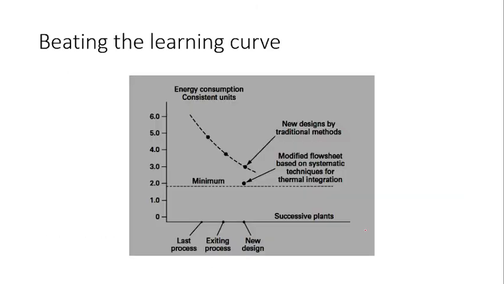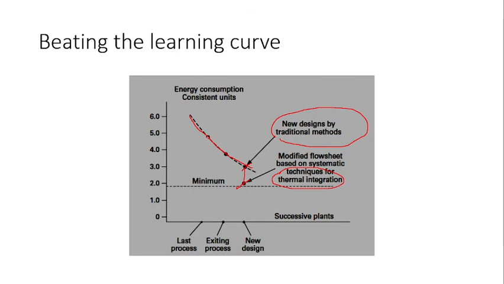So this is what I'm trying to say. This is your regular energy saving due to new design, right? But if you change the flow sheet itself by incorporating process integration, you have a further scope of increasing the energy saving or decreasing the energy consumption.